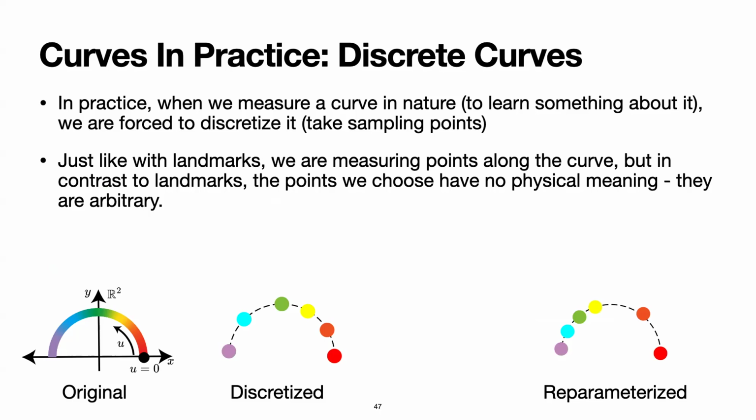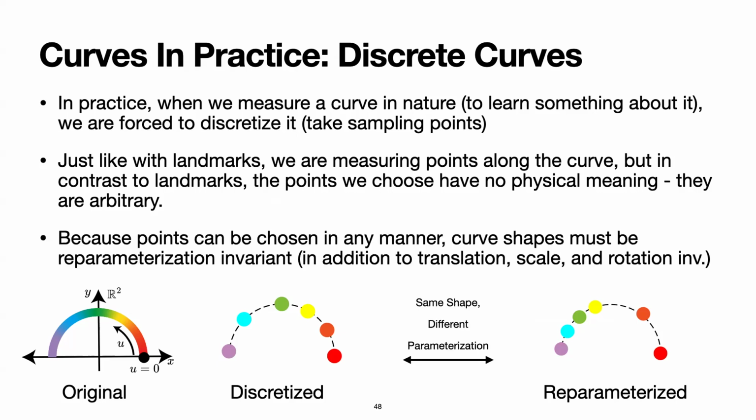So for example, we could choose to measure the points like that, but for the same shape, we could also choose to measure the points like this. Because points can be chosen in any manner, curve shapes must be reparametrization invariant, in addition to translation, scale, and rotation invariant. So essentially, we want this to be measured as the same as that, even though they are parameterized differently.